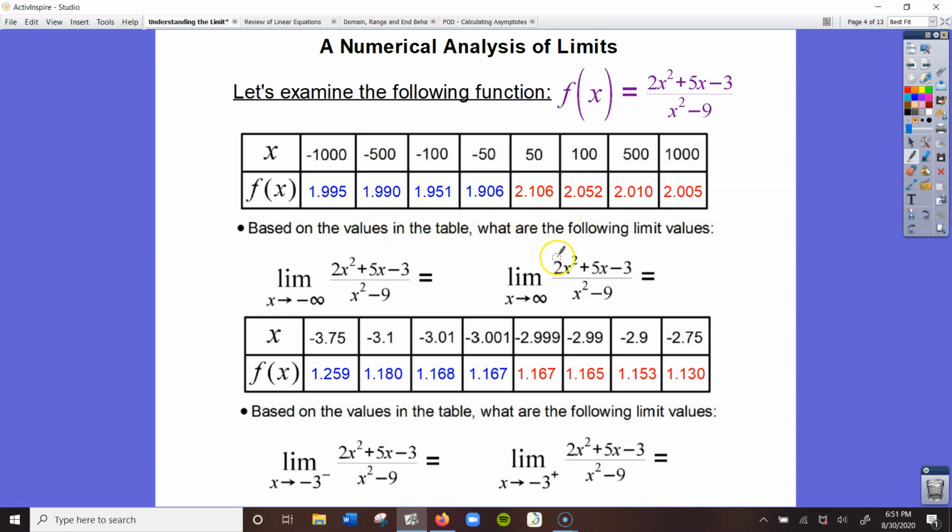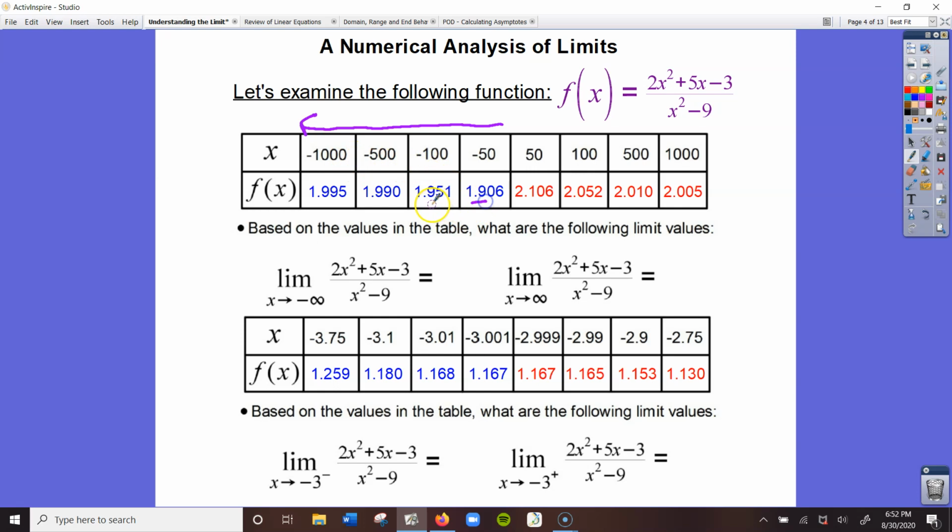Based on the values in the table, we can look at what the limit would be as x is approaching negative infinity. Notice all of these x values here. x is approaching negative infinity as we read the chart going this way to the left. Notice that these x values are decreasing at an increasing rate. We're constantly going towards negative infinity.